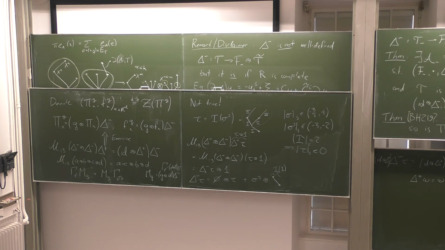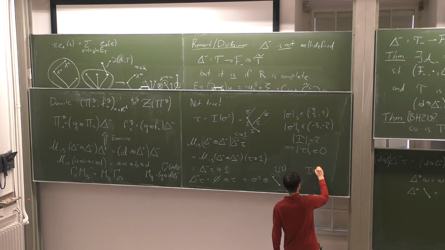But what turns out is that this delta plus, that's true for tau, I wrote that above, but for this guy, if you look at the definition, this is equal to I of 1, and so I of 1 has scaling 2. So this tree has scaling 2.